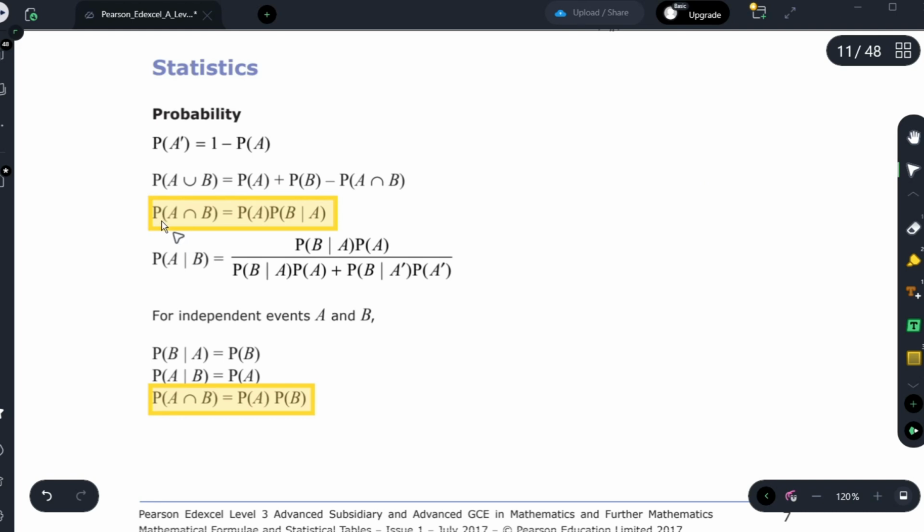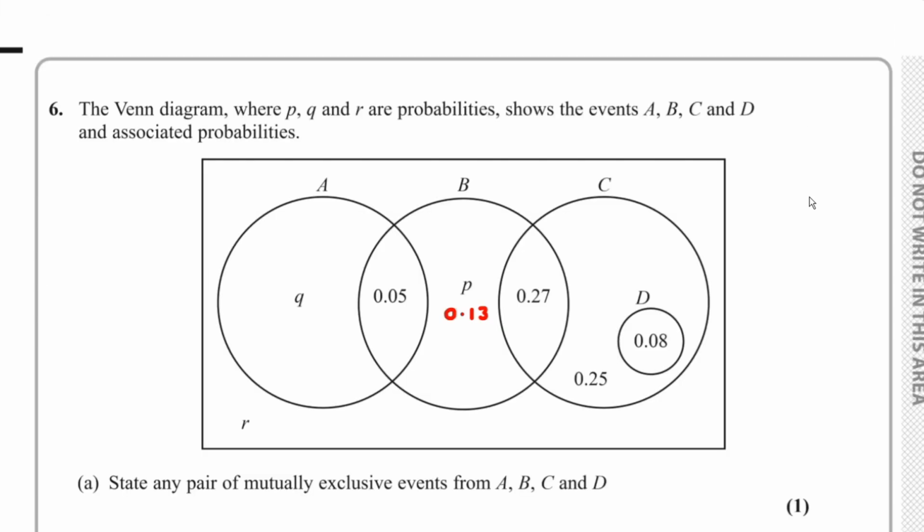Again, we'd have to use this formula here. So, for part D, the probability of B given not A, that's equal to the probability of B and not A over the probability of not A. And we know that the probability of B given not A is 0.5. Now let's find out the probability of B and not A. Anything that's B but doesn't include A is this 0.13 and the 0.27.